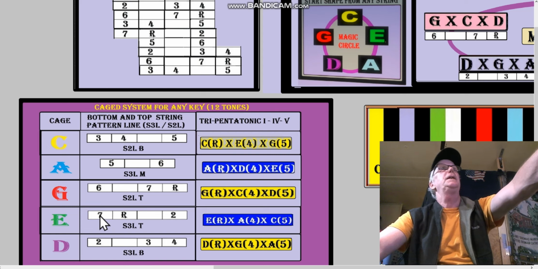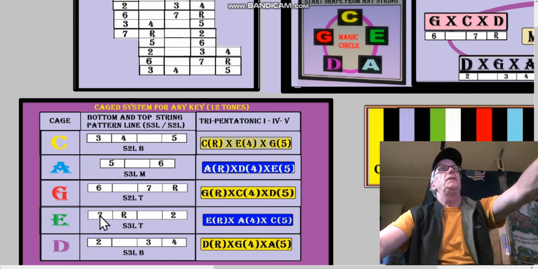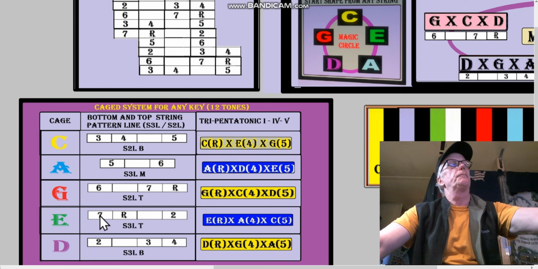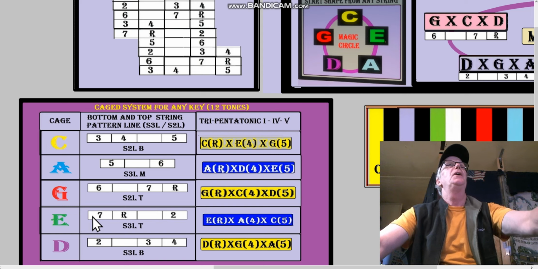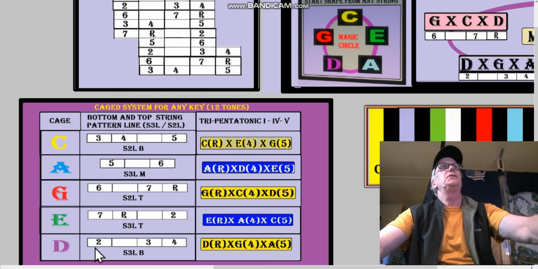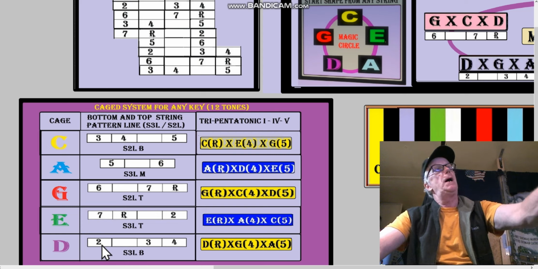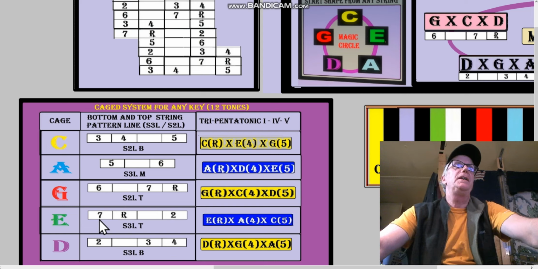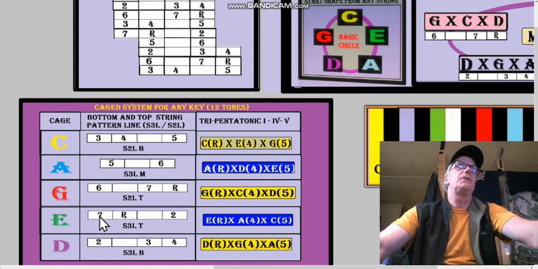When you play an E shape, the E becomes the root.